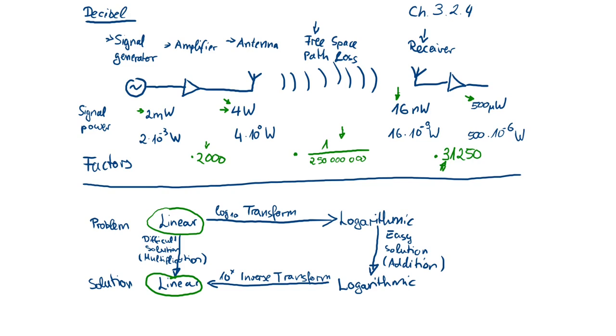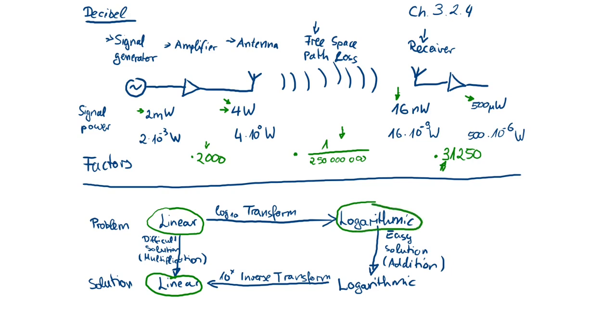But we will find a representation of the same problem which can be solved more easily and has some benefits. So let's say the multiplication is a difficult solution compared to the solution which we have here in the logarithmic scale.